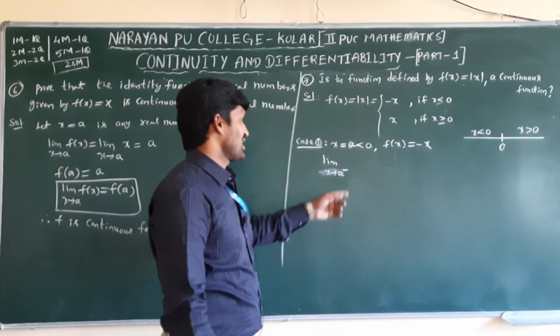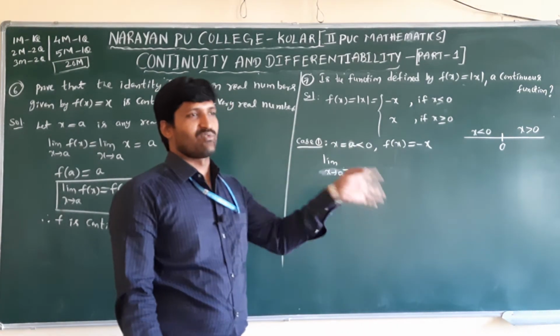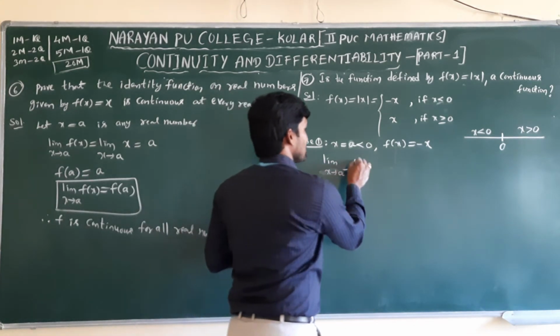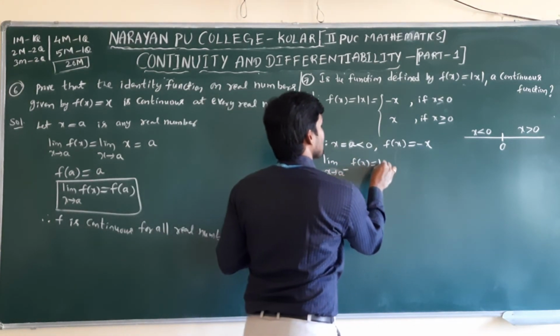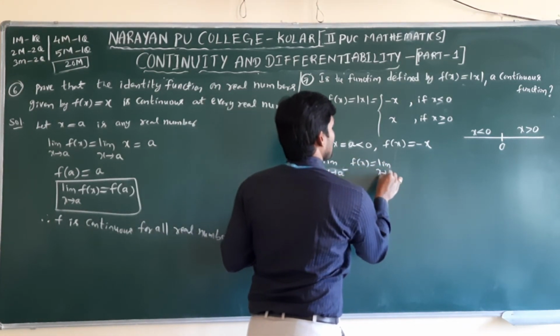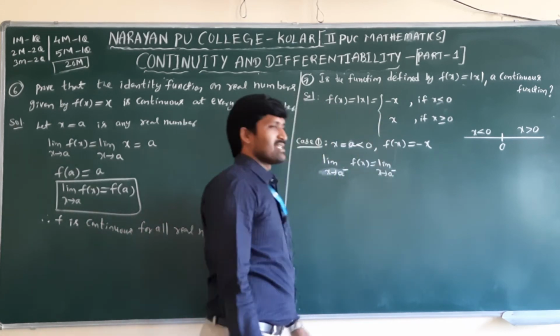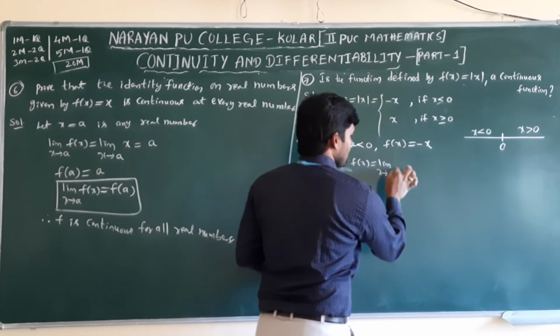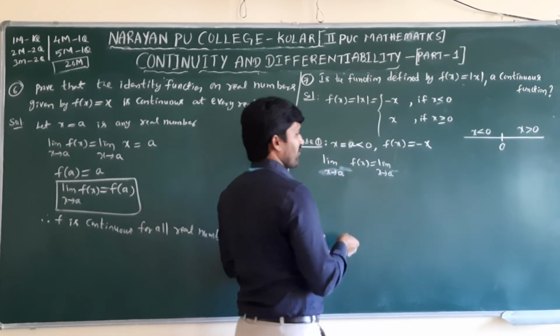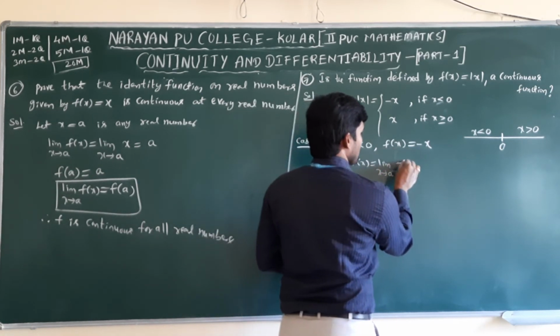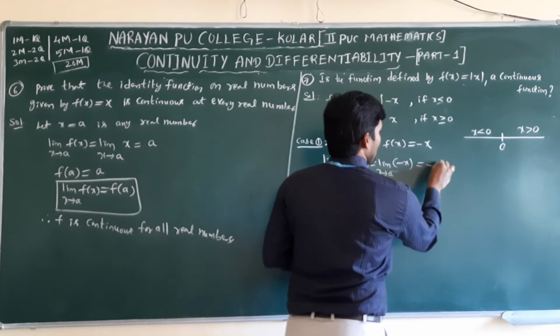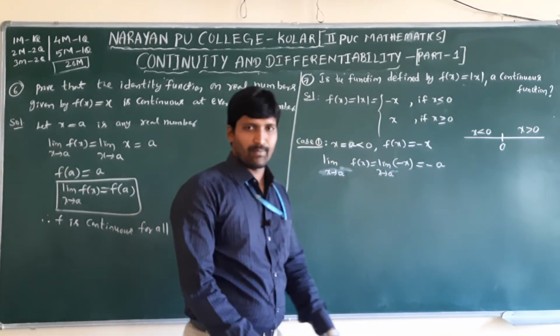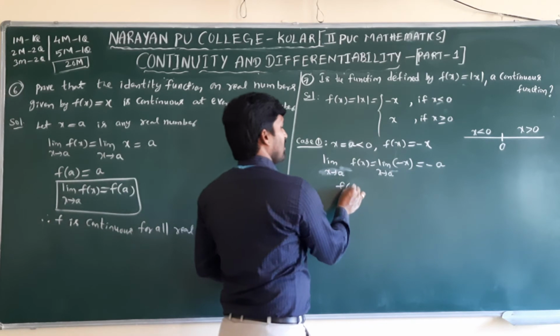The symbol we have taken already, condition wise. A minus or only a we can take, no issue in this case, because the single function exists. Limit x tends to a of f of x is minus x. What will you get? Minus a. Now you will find f of a.